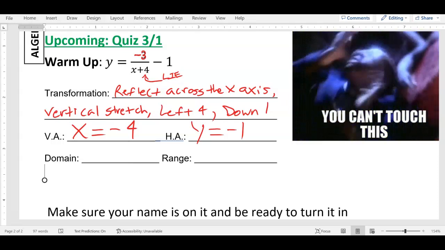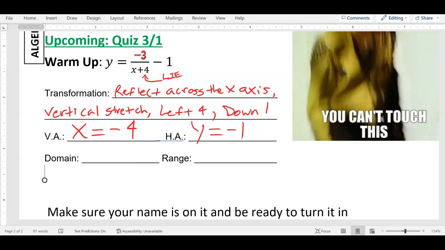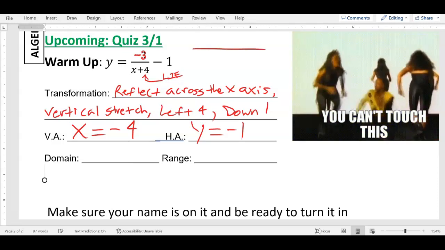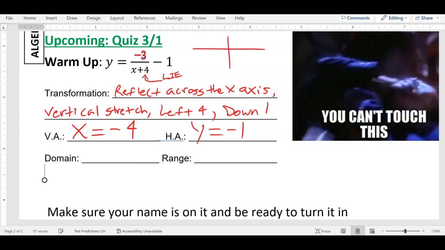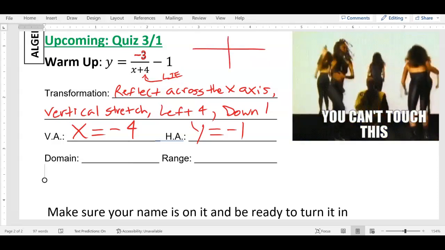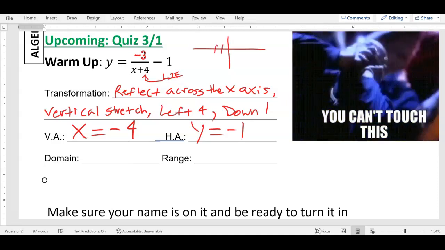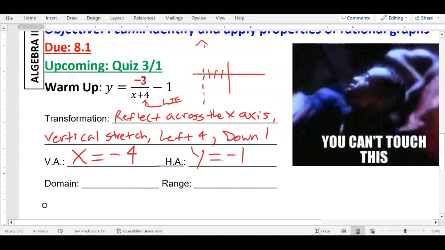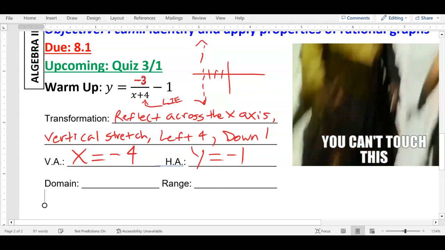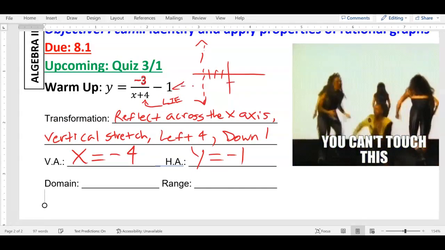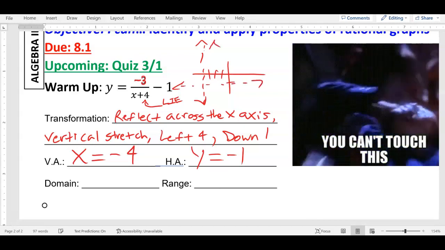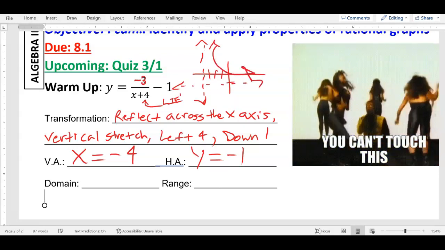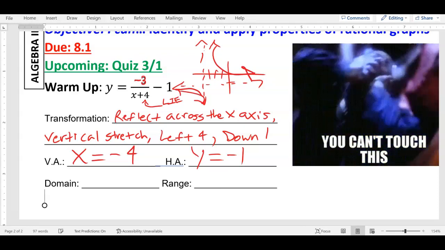But look at the domain. If you remember the graph, okay? So if I were to sketch this, okay, what is it? 4 to the left, 1 down. Okay, something like this.